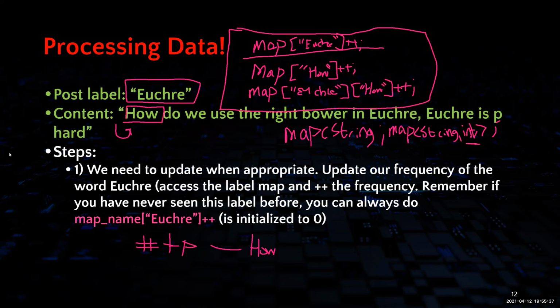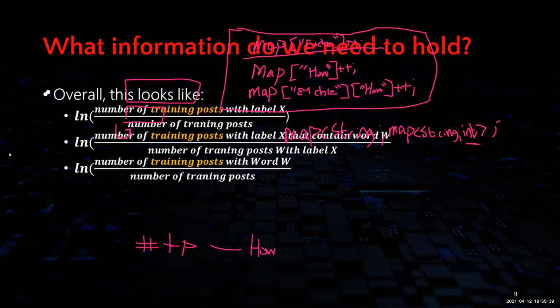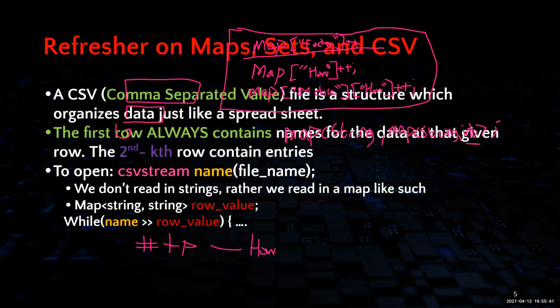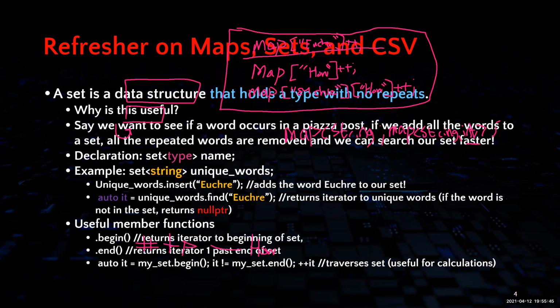Okay, so what you can do, let me go back and find it real quick. Where do I have the set? Okay, right here. Notice how I'm accessing every word individually for a post. I have my iterator right here. All I can do is say string value equals the dereferenced iterator.